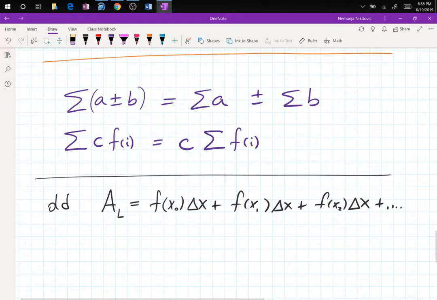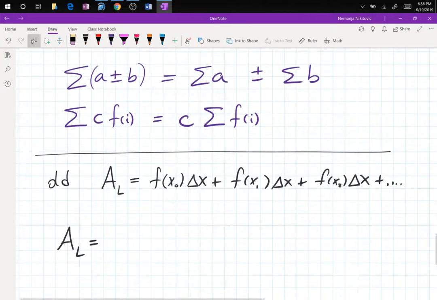So now with this advanced notation, we can write that the area of the left points is going to be the summation of f of xi times delta x, and i starts at 0 and ends with whatever n number of rectangles you have.